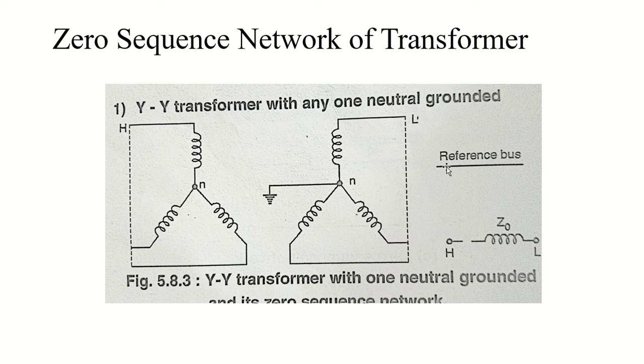Let's see. We know that transformers have different types of connections, right? And the zero sequence network will also have different types of connections. By making some observations, we learned that we can consider some of them while calculating the zeroth sequence impedance for my transformer.